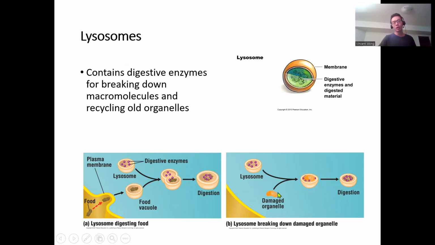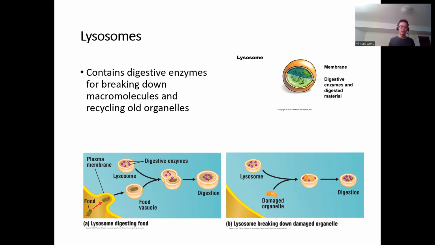Let's say you have an organelle that's not quite working anymore. The lysosome will come and fuse with it, and then the enzyme inside will break down the worn out organelle. That way there's no malfunctioning, and you can unlock the nutrients that are trapped in those organelles. Sometimes some cells will eat things from the surroundings.